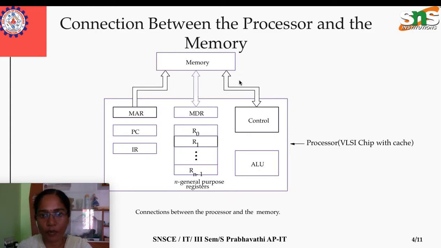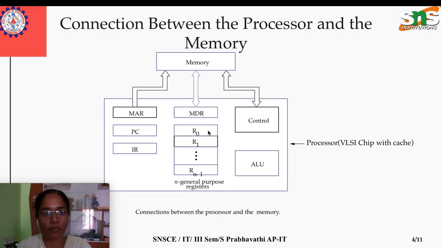Inside the processor, as I said earlier, there is an ALU and a control unit. Apart from that, some general purpose registers are there to carry out the ALU operations and to store values temporarily. Once the power is switched off, the values are removed.